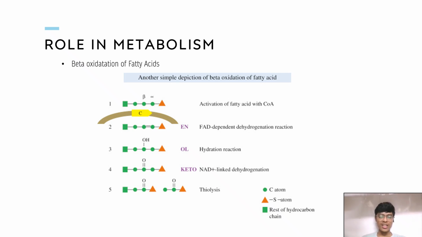Along with that, another hydrogen removal takes place, which results in the formation of NADH. NADH and FADH are energy molecules. The process produces acetyl CoA, which basically enters the Krebs cycle and produces energy.